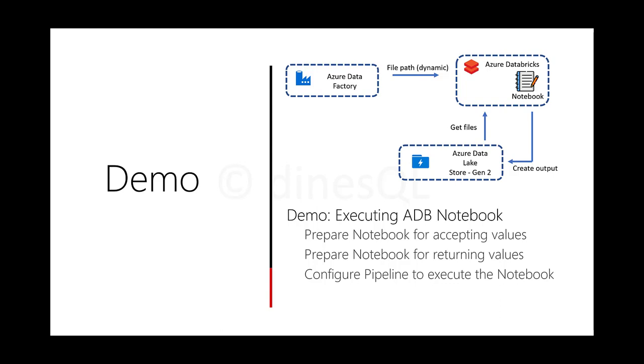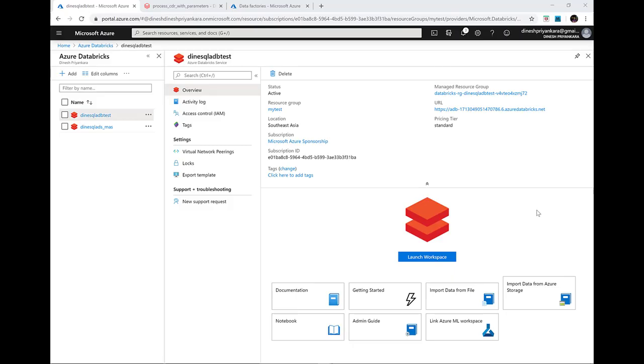Once the execution is done, I'll be setting a value at the end of the notebook execution, and I'll access that value as an output from my notebook execution, and that output will be saved in one of my Azure SQL databases. So that's what I'm going to show you as part of this demonstration. Let me open my Azure portal.